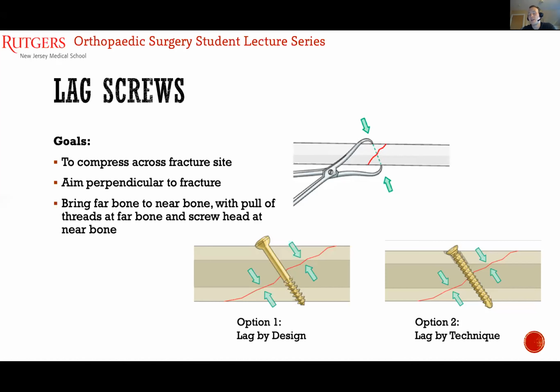And then you say, okay, it looks like there's about 10 millimeters on the far side of the fracture. So then you might select a screw that has less than 10 millimeters of thread length, so that those threads only engage the far side. Does that answer the question? Cool.